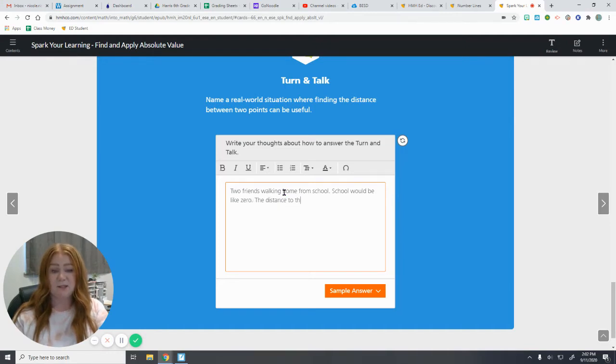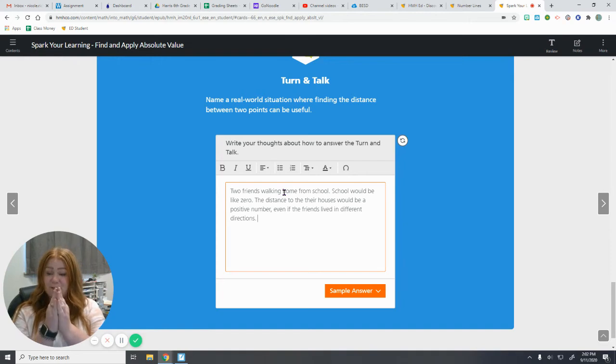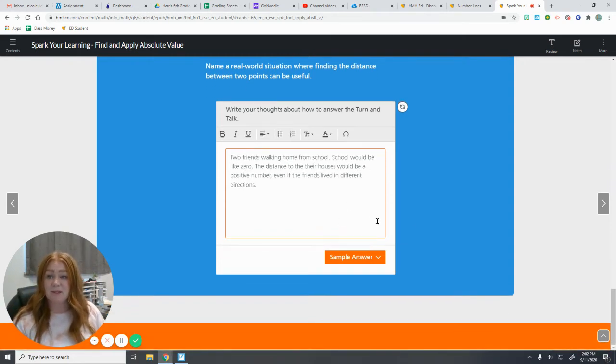The distance to their houses would be a positive number, even if the friends lived in different directions. So if I had my school here and one friend lived here and one friend lived here, their distance is still going to be positive. One doesn't live in a negative distance from the school, and I could tell how many units away they both lived from the school. Okay, so let's go ahead and start on our tasks for today.